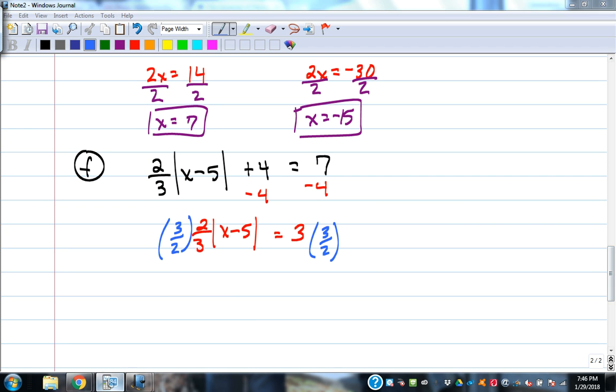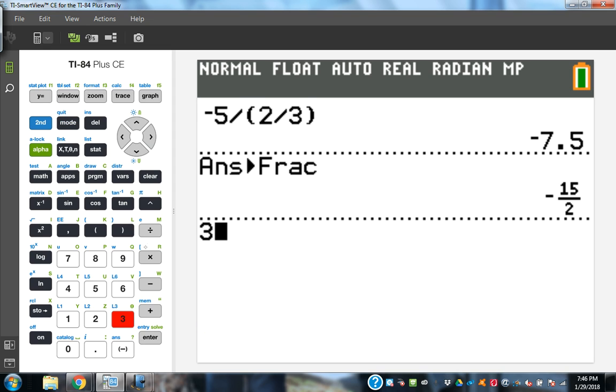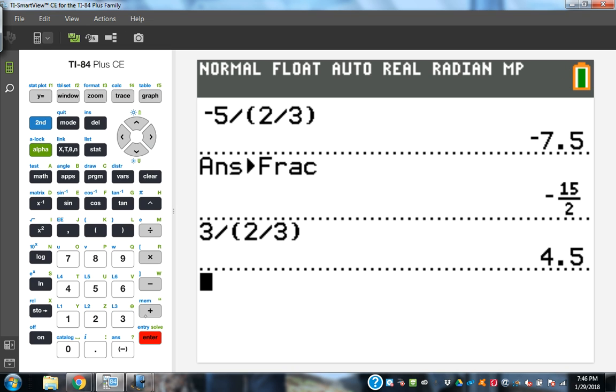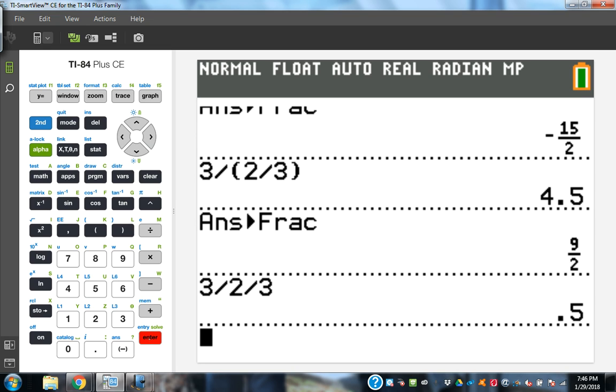If you do that with the calculator, be careful that when you're dividing 3 by 2/3, you put the 2/3 in parentheses. It's 4.5. I'm gonna hit math, enter to get that in fraction form. If you don't, if you just do the division like this, that is not the same answer.